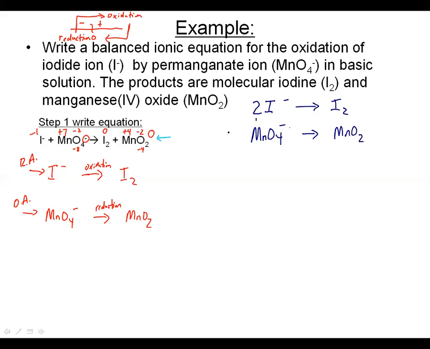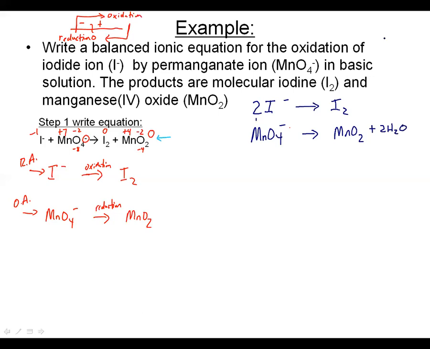So the next thing that we want to do is balance the oxygen. On the left-hand side on the bottom, we have 4 oxygens. Right-hand side, we have 2. So the right-hand side needs oxygen, and it needs 2 of them. So we're going to add 2 waters to the right.